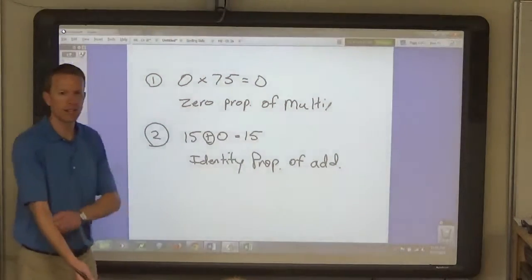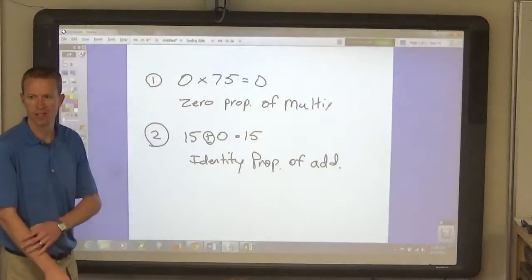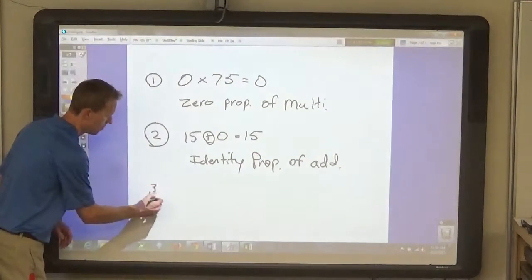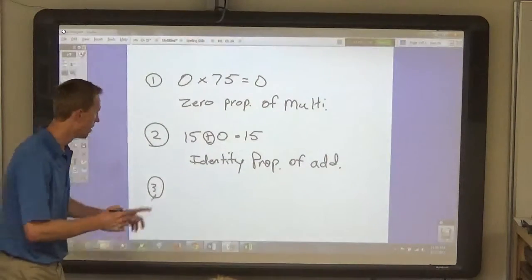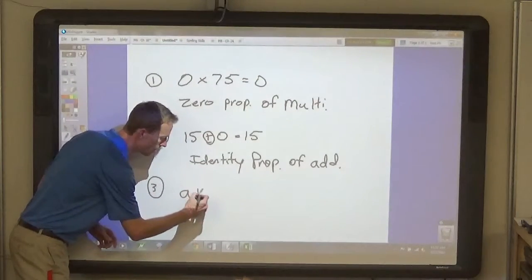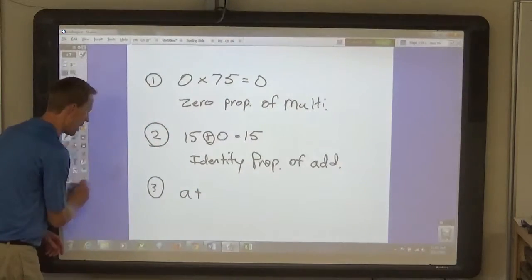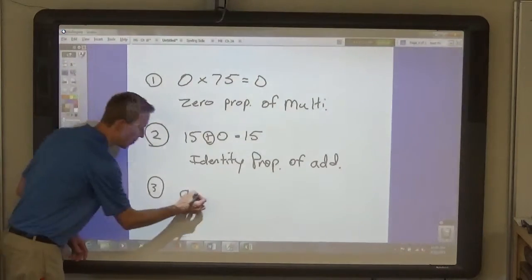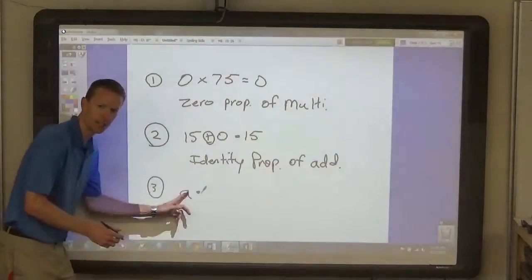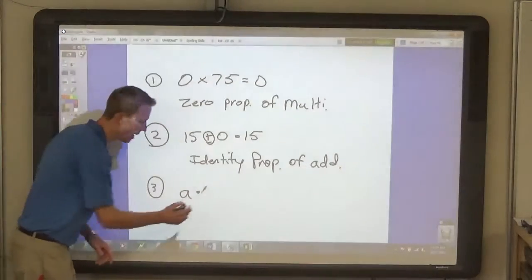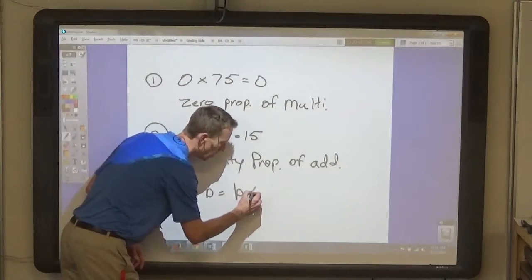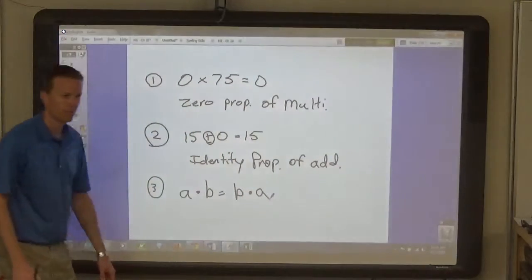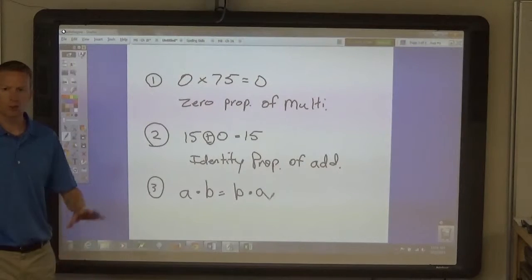Number 3. What's number 3? Lindsay? Okay, they're using letters to stand for numbers. A times B, and I'm going to use a dot here because otherwise it looks like the letter X. A times B is equal to B times A. What's switched?